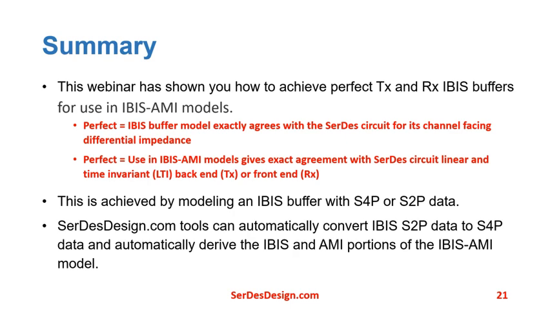This is achieved by modeling the IBIS buffer with S4P or S2P data. SerDes.com tools automatically convert the IBIS S2P or S4P data and automatically derive the IBIS and AMI portions of the IBIS-AMI model.